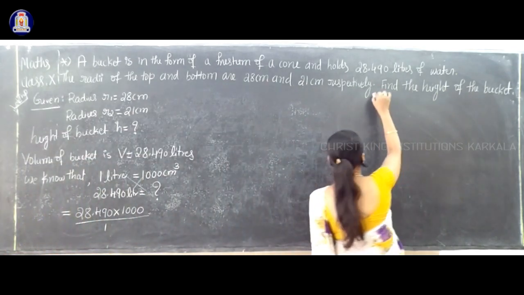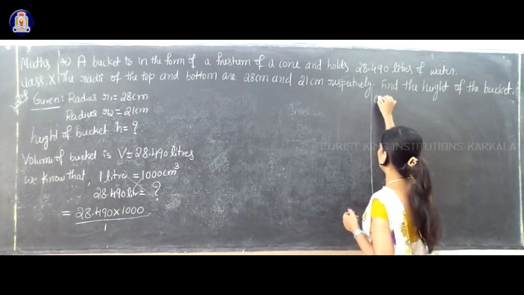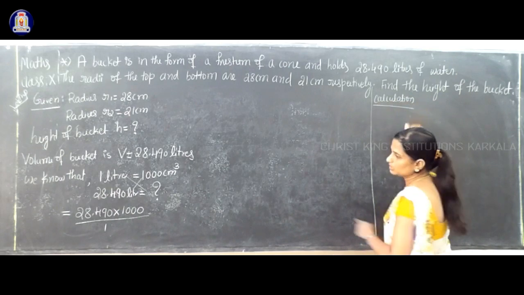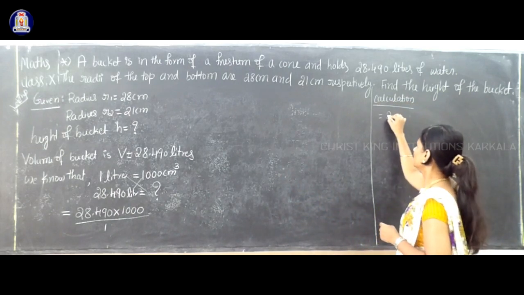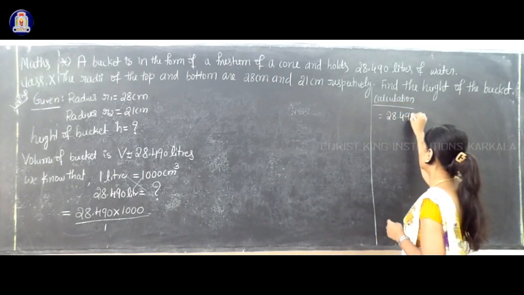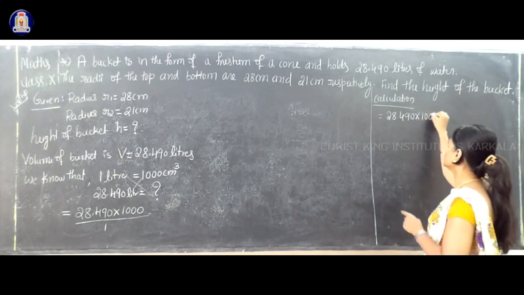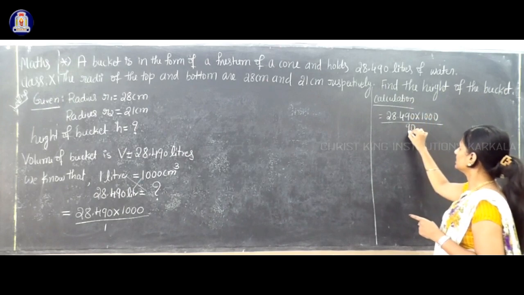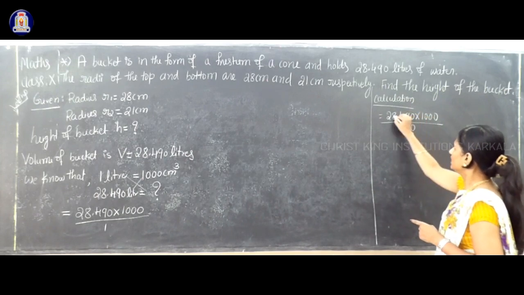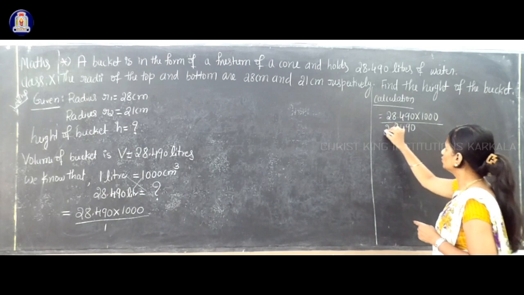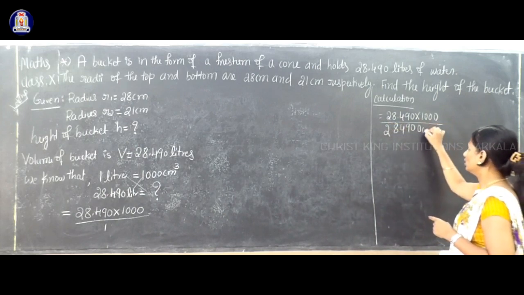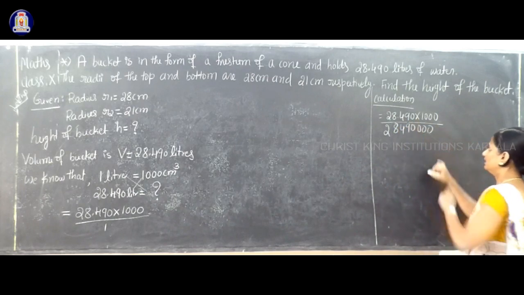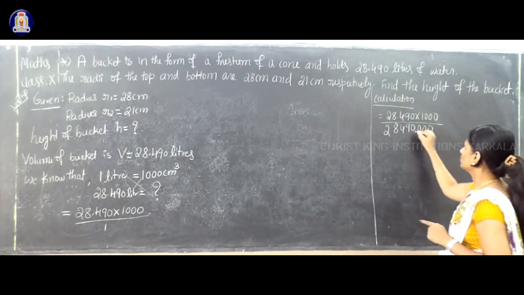Let me do the calculation part here. 28.490, and how many zeros? 3 zeros. So what is the decimal? Three places move. So what is your answer?